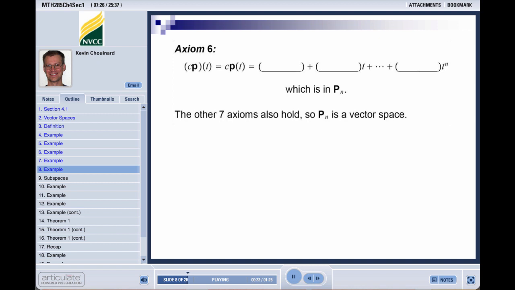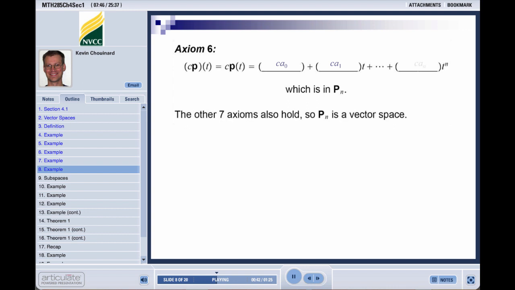Just by the nature of the polynomial, you have a polynomial with lots of terms. When you multiply it by a scalar, you have to distribute that scalar across each term. And so what we end up with is a new polynomial with coefficients c times a sub 0. C times a sub 1 is going to be the coefficient of the t to the 1 term.